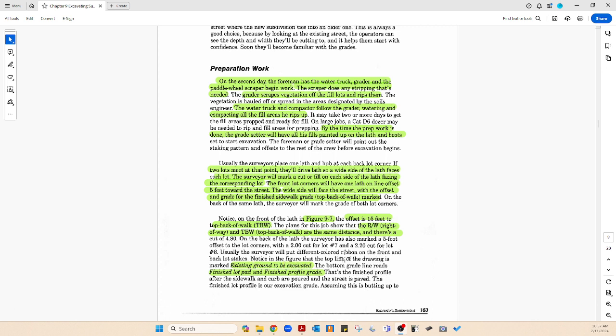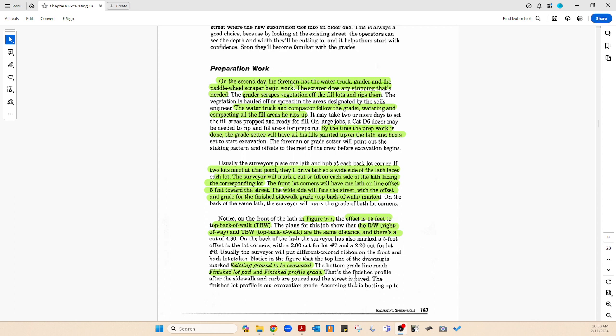Notice in the figure that the top line of the drawing is marked existing ground to be excavated, and then it says the bottom grade line reads finished lot pad and finished profile grade. It's telling you where that is. That's the finished profile after the sidewalk and curb are poured and the street is paved.